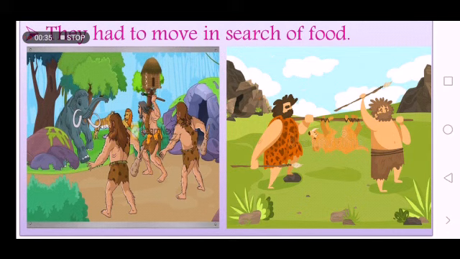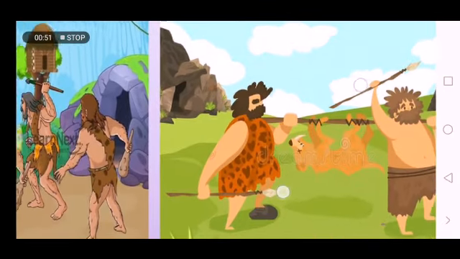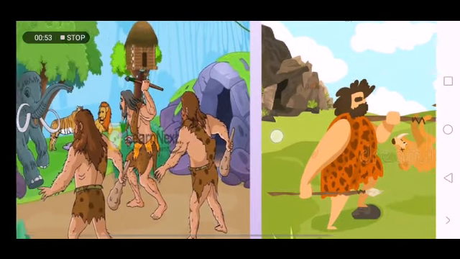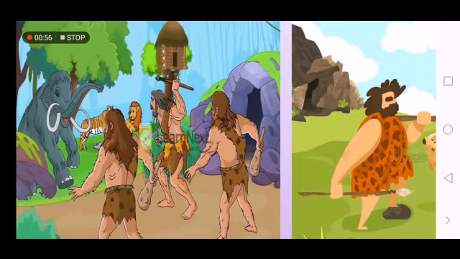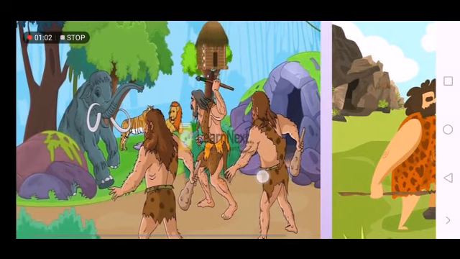So, basically, you know that all human beings need food, water, air, a place to live in, and warmth to stay alive. The first men started collecting the food that they ate from the nature around.